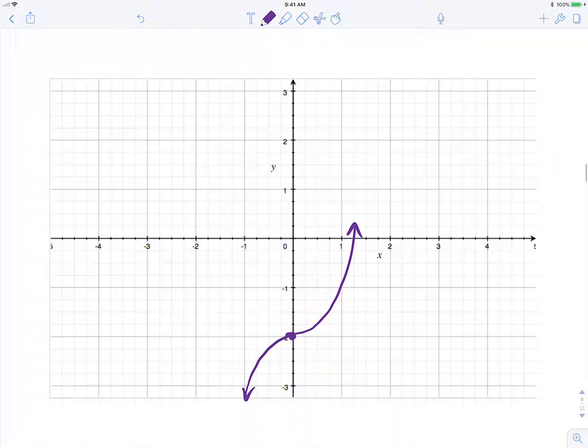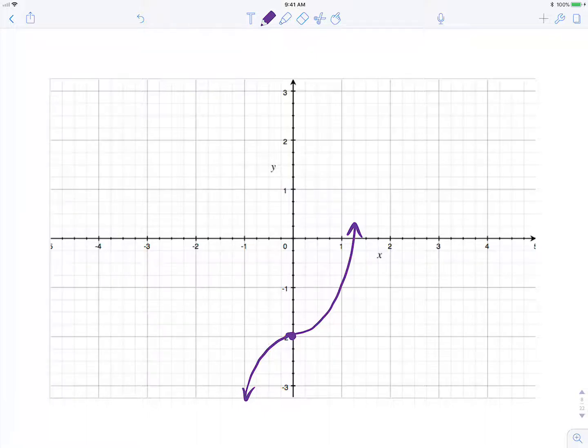Okay, remember that pre-calc definition of increasing and decreasing. As x is getting larger, the y values are actually getting larger for every x value on this graph, right? So even though at x equals 0 there's a horizontal tangent line, if we thought about an x value directly to the left of x equals 0, like negative 0.00001, it would have a y value that's less than the y value at x equals 0.